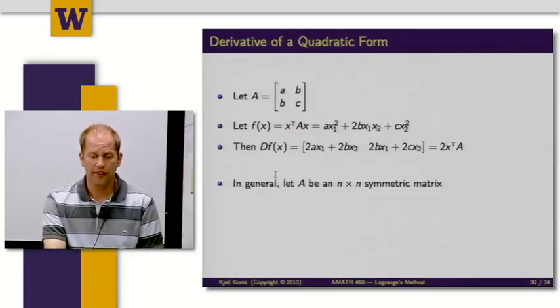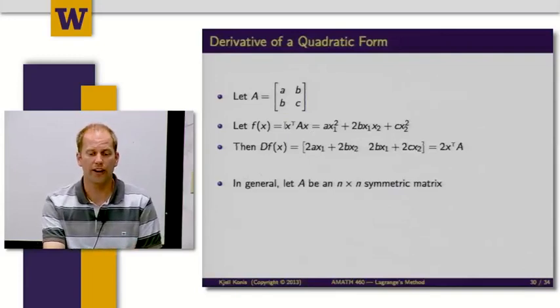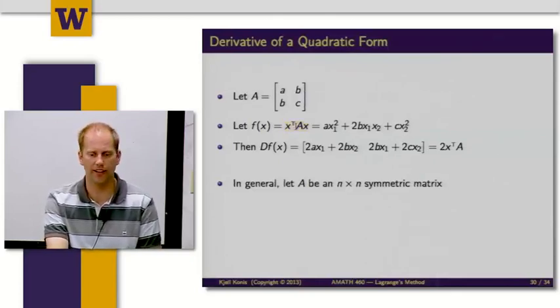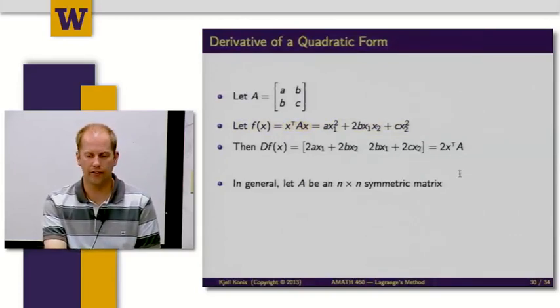And it turns out that in general, if A is an n by n symmetric matrix, so that's what makes this thing a quadratic form, and x is my vector with my variables in it, x1 up to xn, then this thing here is called a quadratic form.